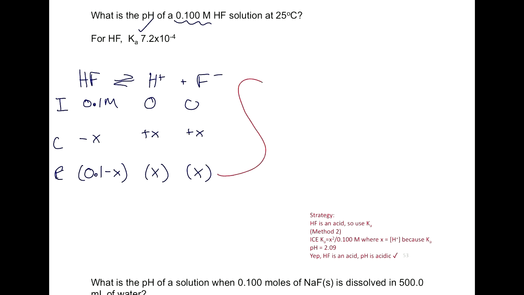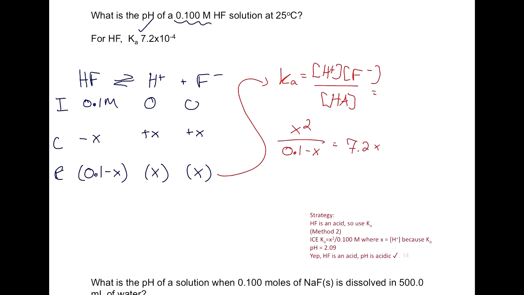And so we stick that E line into our Ka expression, which we know is products over reactants, so H plus, F minus over HF. And so plugging in those actual numbers, we get X squared over 0.1 minus X equals Ka, and that's given, 7.2 times 10 to the negative 4.